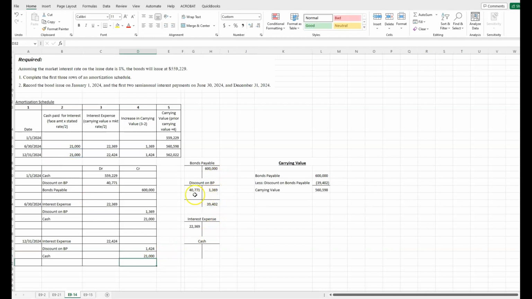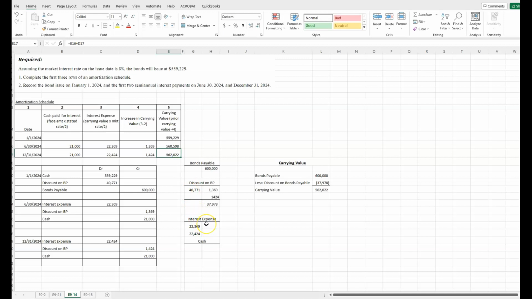If we post these things, we're going to debit interest expense 22,424. We're going to credit discount on bonds payable, and of course cash. This leaves our new carrying value at 562,022, which is what we said up here.